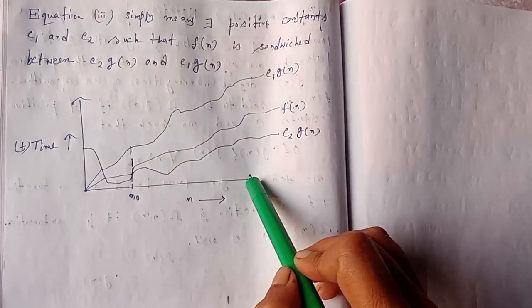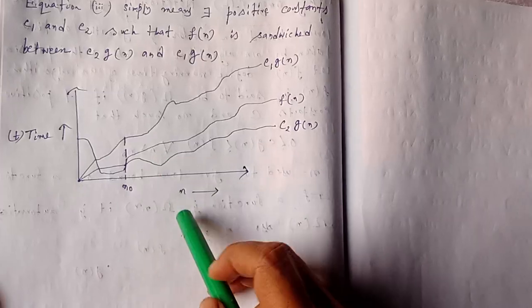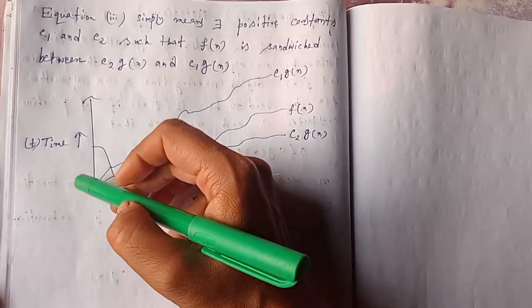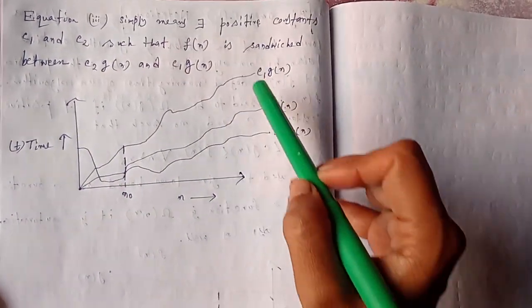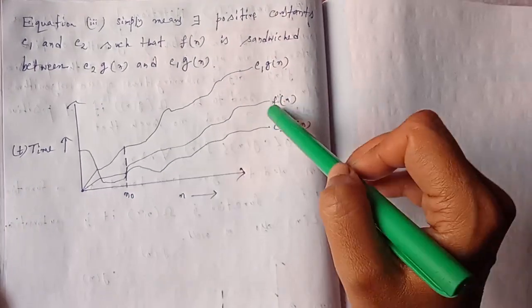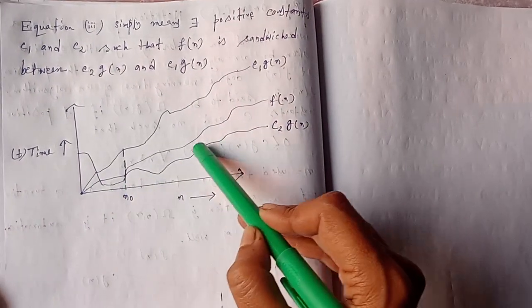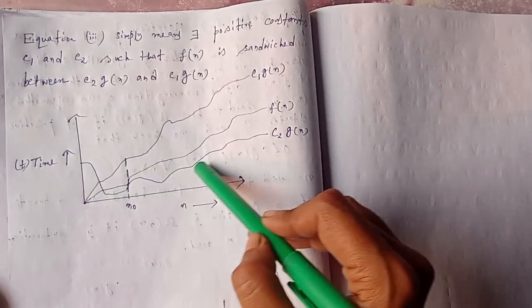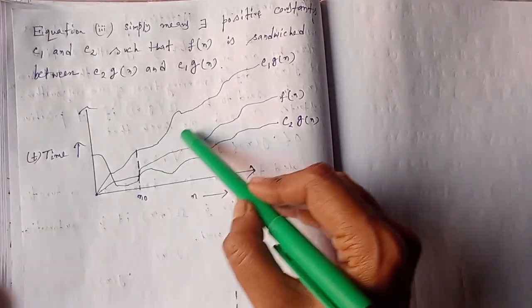So, from this graphical representation, we can say that this is the x-axis representing n, and this is the y-axis representing the time. And these are our functions represented graphically. This is c1 g(n), this is our c2 g(n), and this is our f(n).